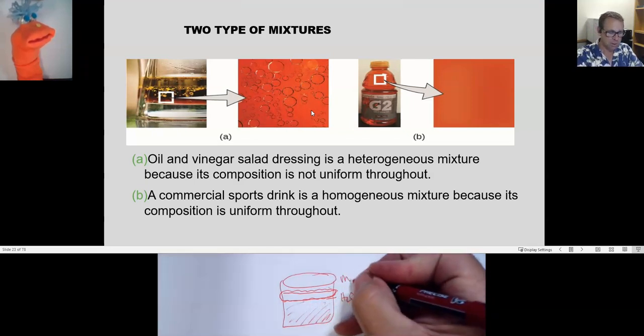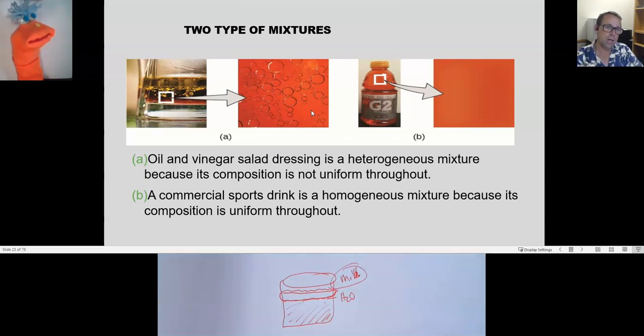Milk is a heterogeneous mixture. But we homogenize it, right? We homogenize it by shaking it up really, really well, and that's the way we like to drink milk if we drink it on our cereal or something like that, right?